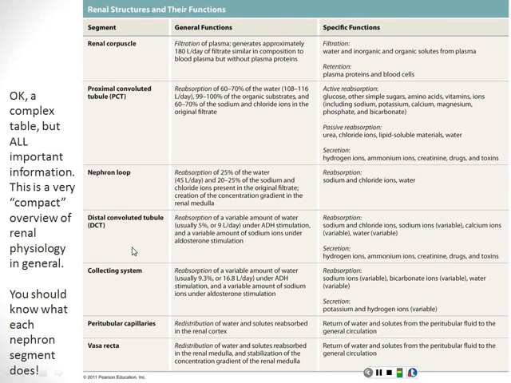Then we get to the DCT, and we have, again, reabsorption and secretion. Now, the biggest difference between the PCT and the DCT: they do the same things, but the proximal convoluted tubule does the same thing all the time. In other words, it isn't regulated. It's always working. The distal convoluted tubule can change what it does.